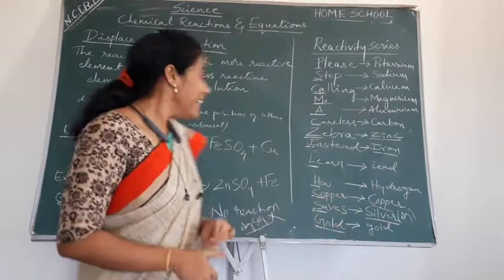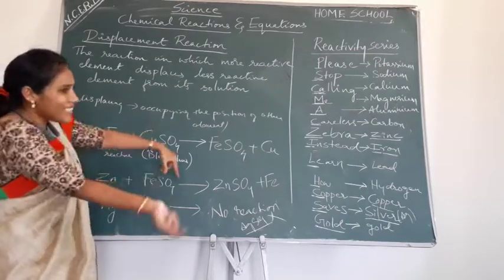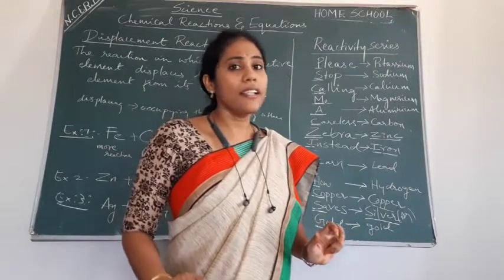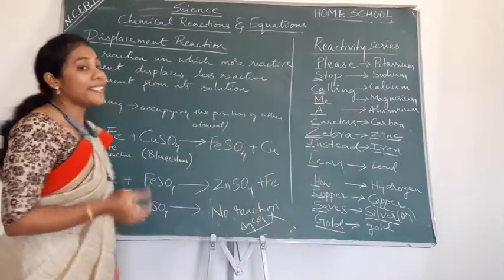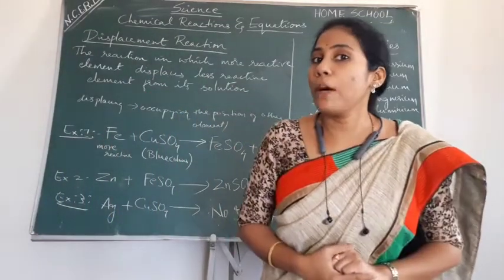If an element is more reactive, only then can it remove the other less reactive element from its solution. Clear, everybody? So this is what we call a displacement reaction, and it is one of the very important topics.